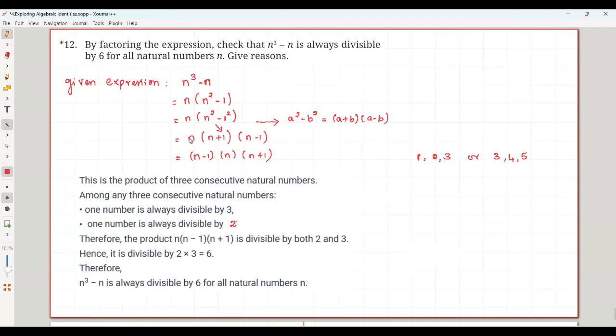Consecutive numbers means I'm just rearranging it, right? So n minus 1, next the n term, next the n plus 1 term. So this is like consecutive terms 1, 2, 3, or 2, 3, 4, or 5, 6, 7, or 7, 8, 9. Three consecutive numbers. Clear? Okay, sir.